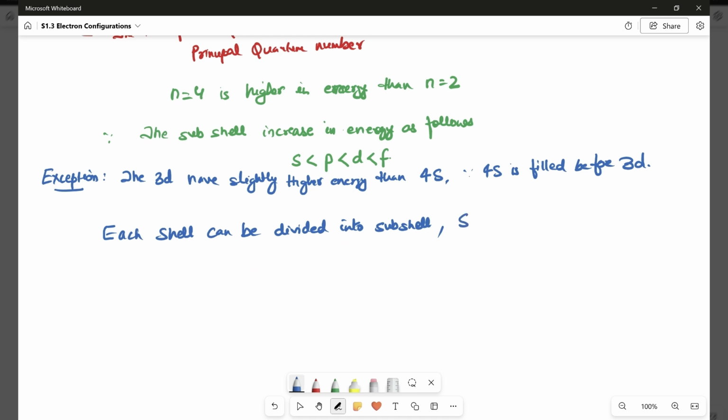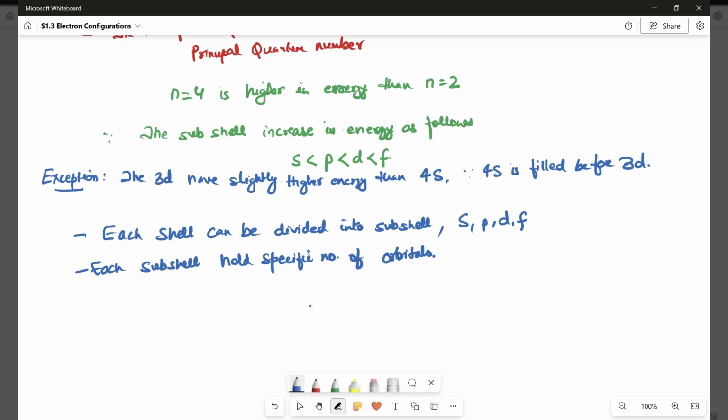Like s, p, d, and f, and each subshell holds a specific number of orbitals, right?